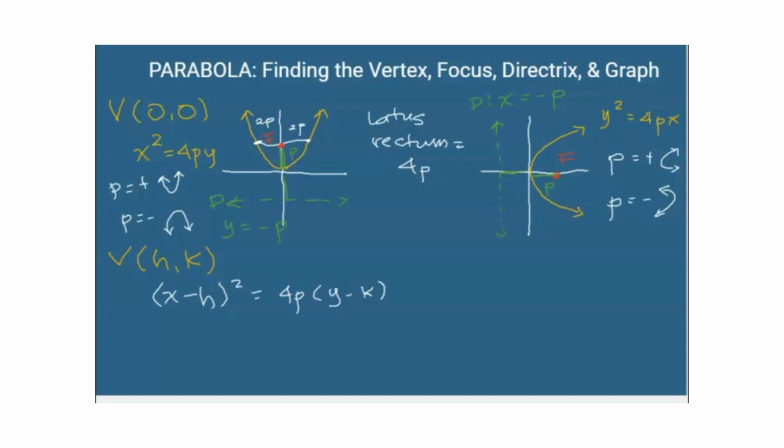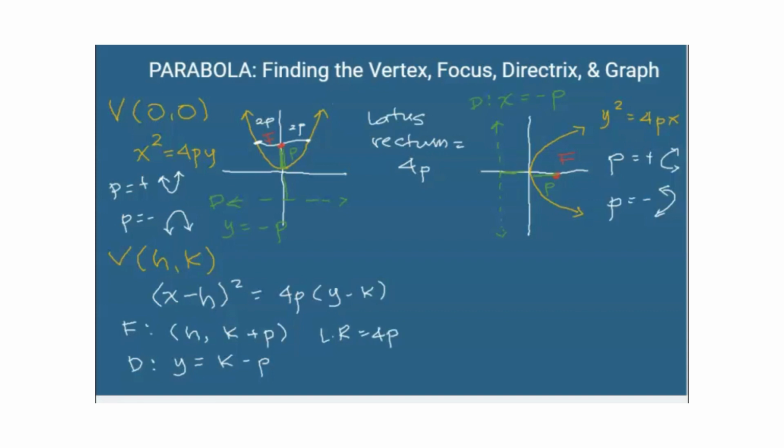So the vertex is at h, k and the focus would be at h, k plus p. For the directrix, the equation would be y is equal to k minus p. And the latus rectum is equal to 4p.